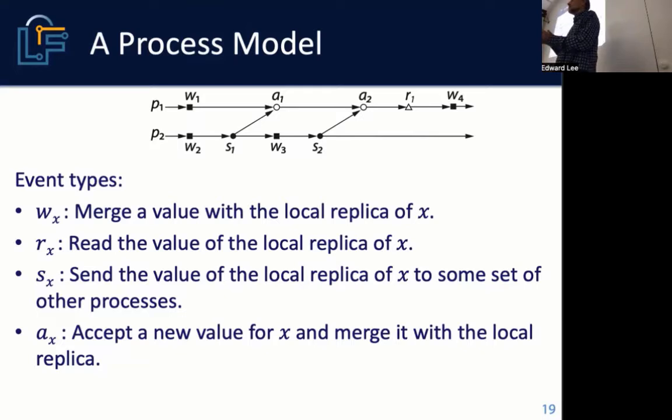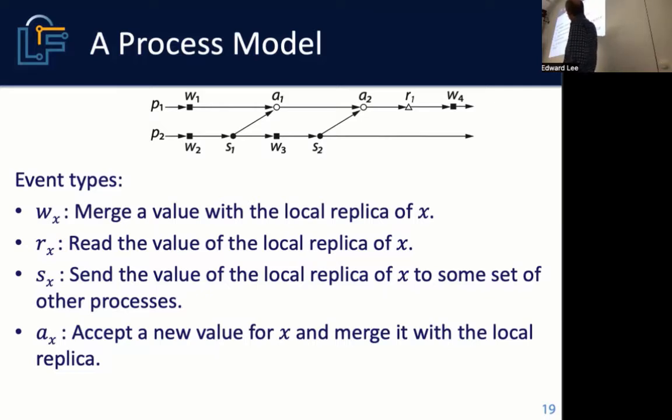Sometimes, for example, in a bank balance situation, the merge operation might be to add a value to a balance or subtract a value from the balance rather than just replace the balance. So the merge operation is updating a local variable. The read operation reads the value of a local variable.